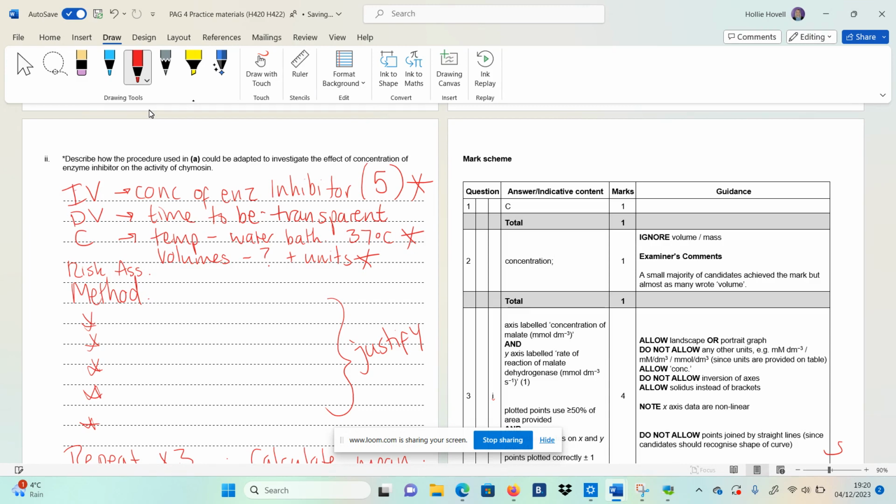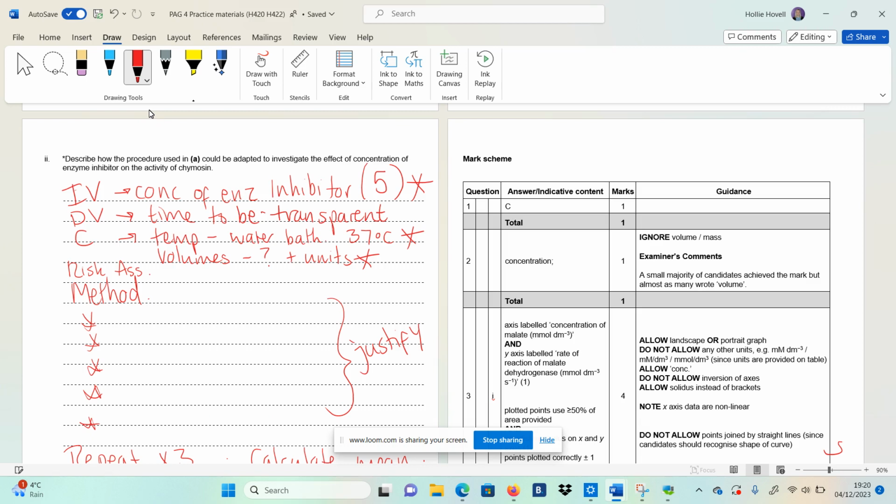And then you need to mention the equipment. So either you can put an equipment list or you can mention your equipment as you go through your method. It doesn't matter either way, but make sure you mention what equipment you would use for each thing and why it's a good piece of equipment. So, for example, if you're measuring volumes of the enzyme and the substrate, make sure that you say you'll use pipettes or syringes.